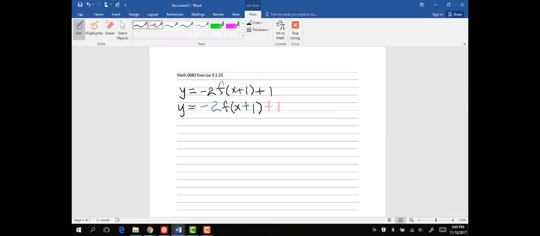I'm trying to use a color-coded system here, hoping that this will help. So this is the point we're starting with. Well, this negative, which I have in red, is a reflection about the x-axis.